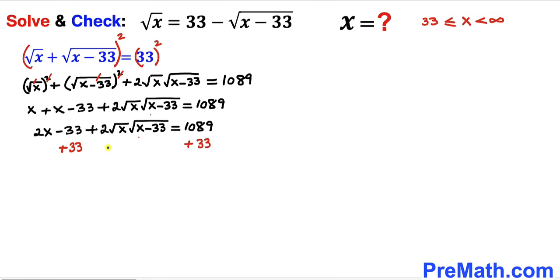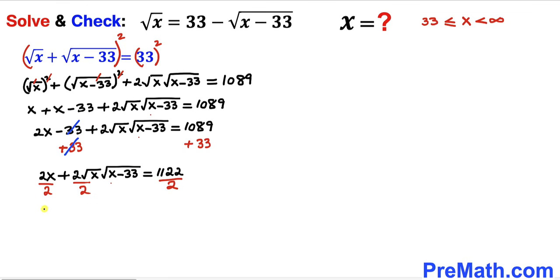And now I'm going to add 33 on both sides, and we can see this negative 33 and positive 33, they are gone. And if we add these, that is going to give us 1122, as you can see in this next step. And now I am going to divide each and every term by 2 across the board to make things simple.